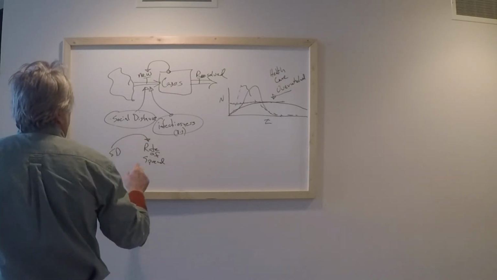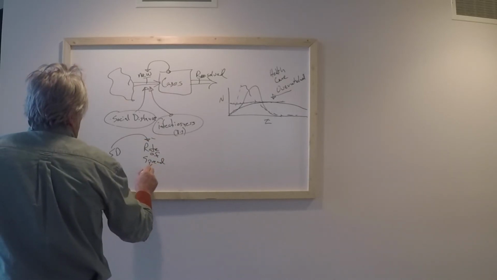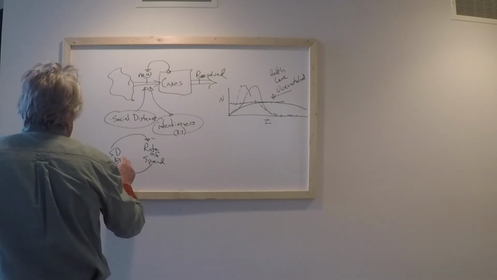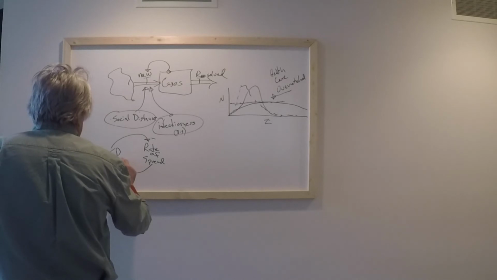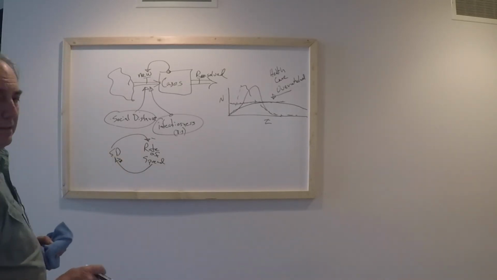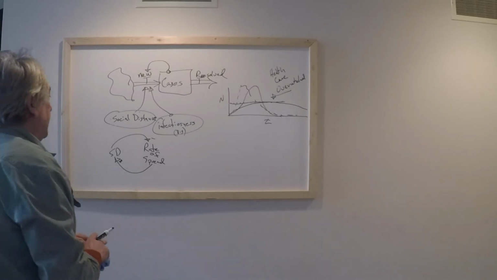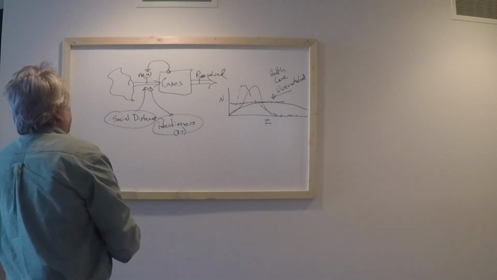As social distance goes up, rate of spread goes down. Well, as rate of spread goes down, social distance could also go down, and the Imperial College gets at this. But we'll take that away for now.